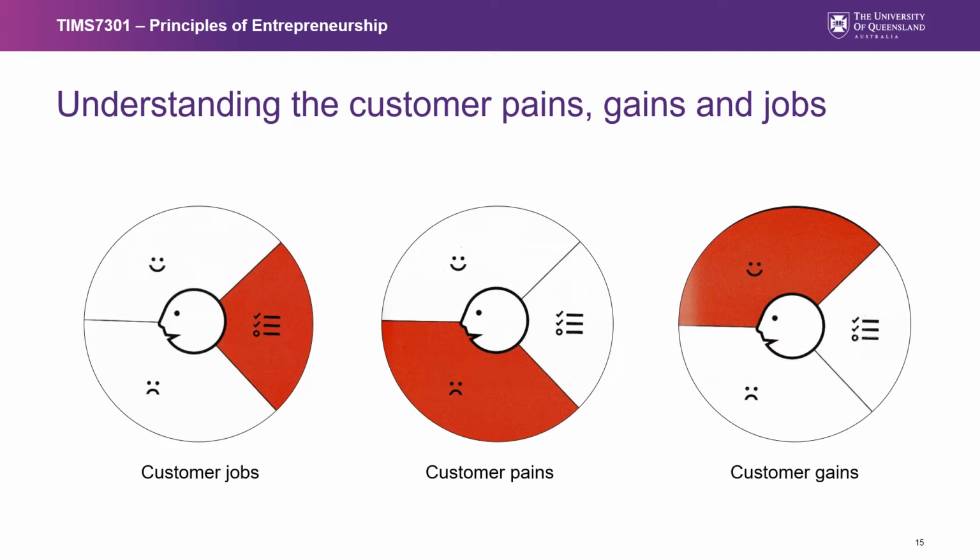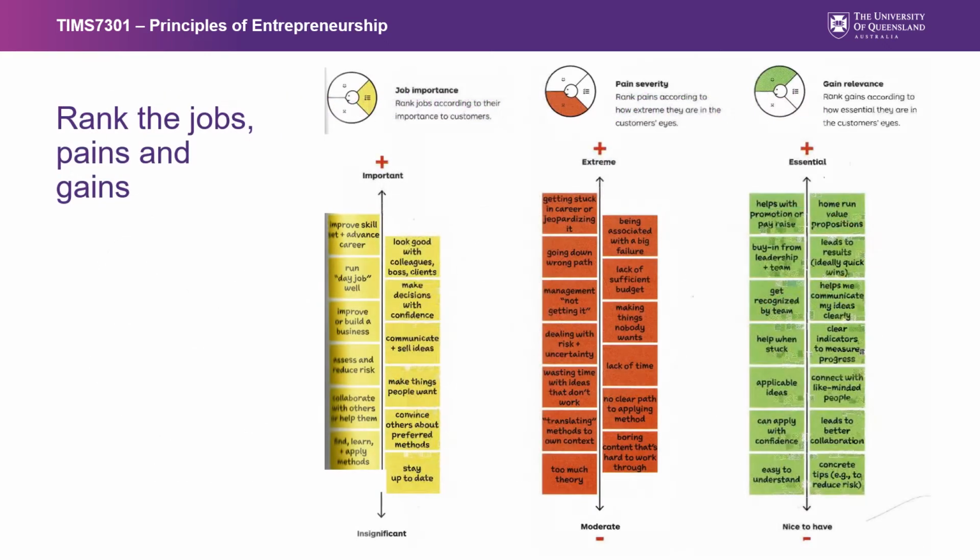Some gains are required, expected, or desired by customers, and some would surprise them. Gains include functional utility, social gains, positive emotions, and cost savings. Once you have determined the jobs, pains, and gains for a customer segment, you need to rank these according to importance for jobs, pain severity for pains, and relevance for gains.